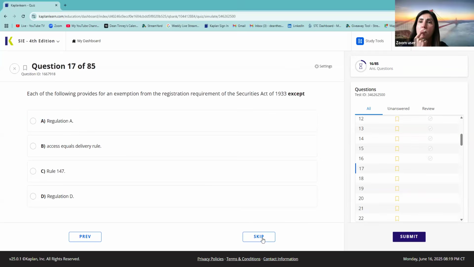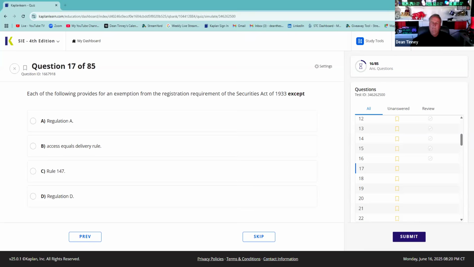Each of the following provides an exemption from registration under the '33 Act except. Kind of a weird way to ask this, but it is testable. So except, it's about the paper, right? Yeah, '33 is the Prospectus or Paper Act. And what it says is that if you're going to sell brand new securities to the public, you have to make a registration statement.